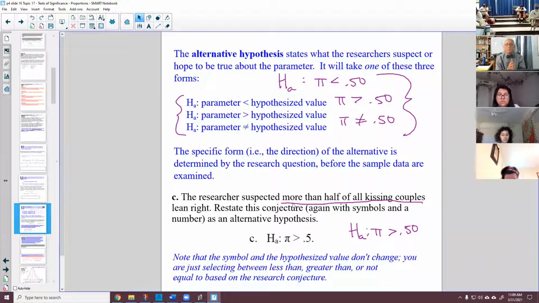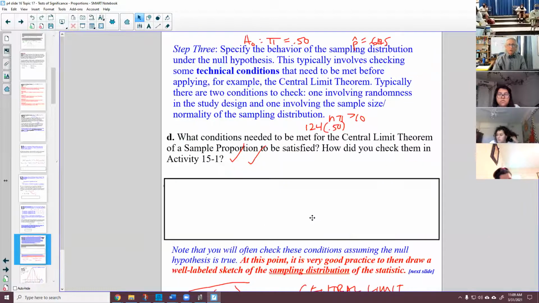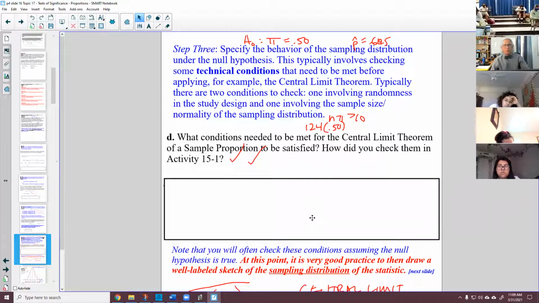Nowhere are we trying to prove or test whether the parameter is equal to 0.5. We can't know that for sure. What we're trying to do is see whether we can reject the hypothesis that it is equal to 0.5. In this particular case, the researchers were looking for whether it is greater than 0.5.